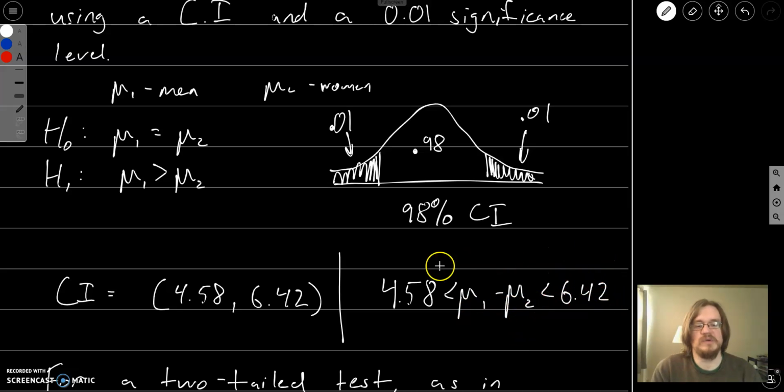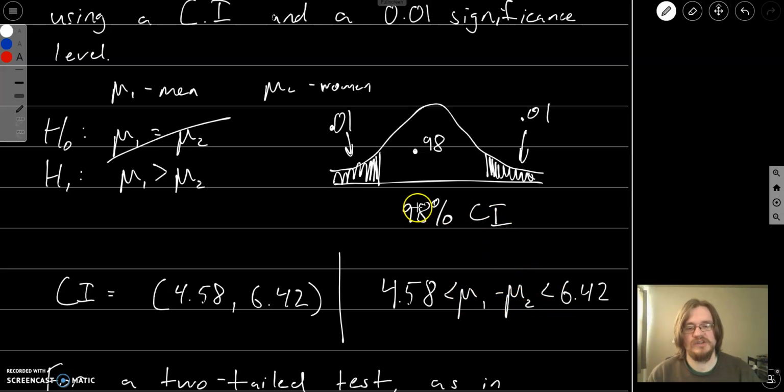And we'll notice that 0 is not inside of this confidence interval. So our statistics tell us that mu1 minus mu2 is confidently not 0. So we get to reject the null hypothesis, and we can conclude that the mean height of men is greater than the mean height of women.